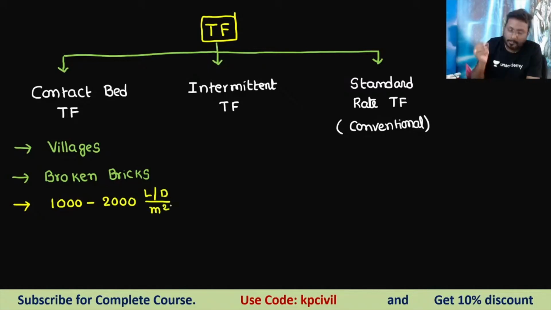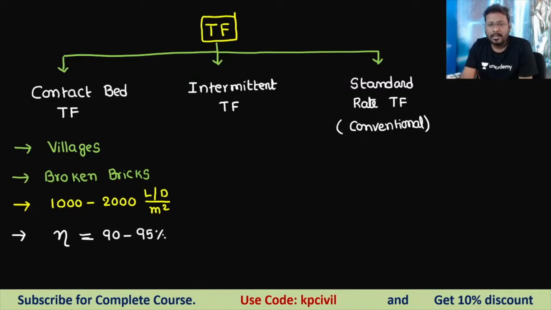Very low, because a higher rate is not required. Village water quantity is very small, so a low rate of filtration is enough. Here we are also not expecting high efficiency. Efficiency is around 90 to 95%, because we have given a low rate.